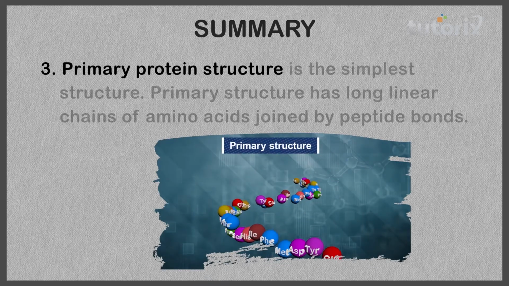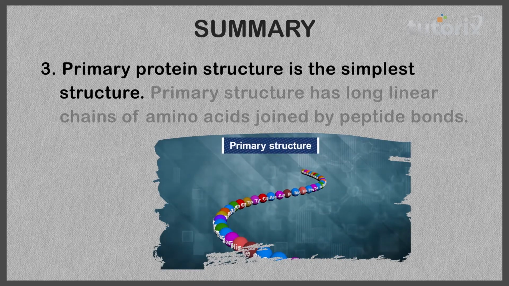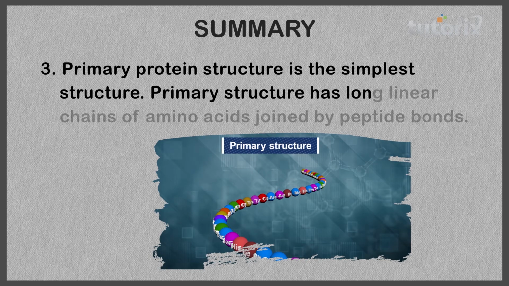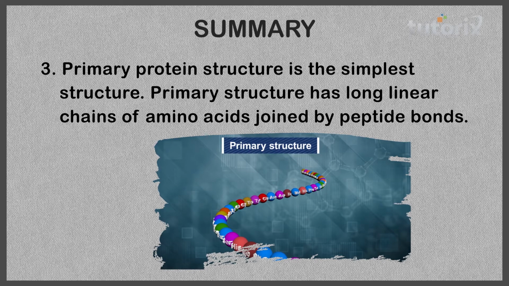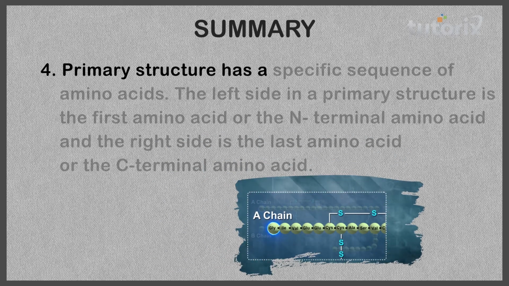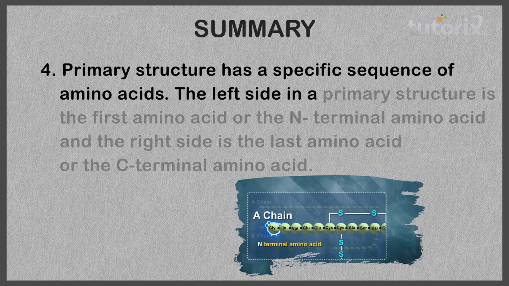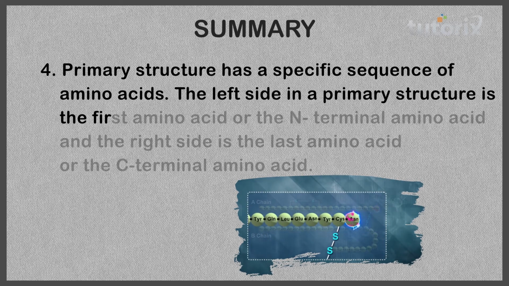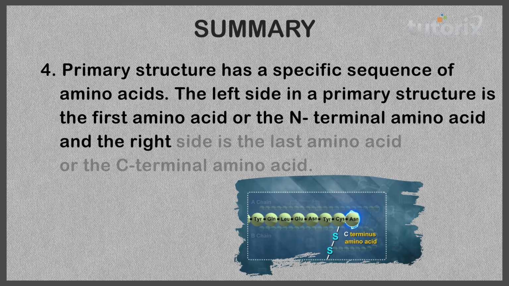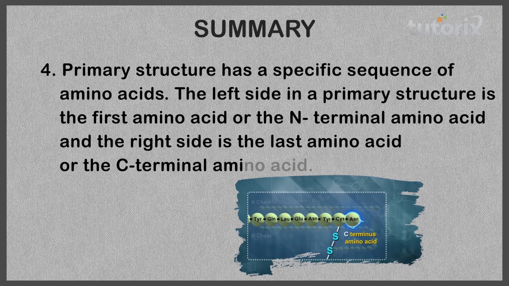Primary protein structure is the simplest structure. Primary structure has long linear chains of amino acids joined by peptide bonds. Primary structure has a specific sequence of amino acids. The left side in a primary structure is the first amino acid or the N-terminal amino acid, and the right side is the last amino acid or the C-terminal amino acid.